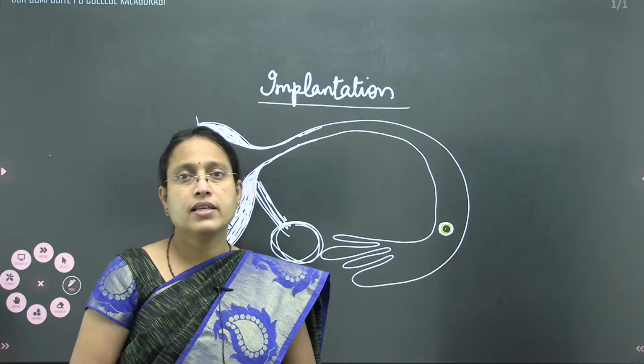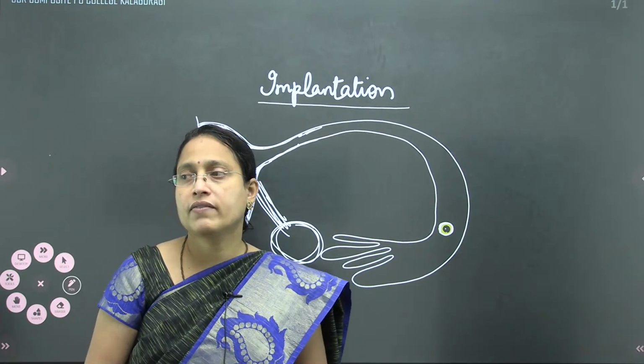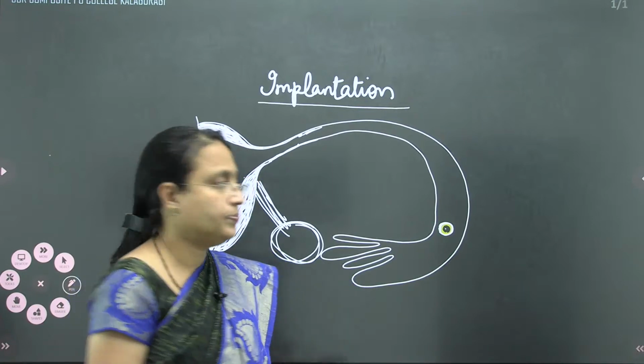How does it divide? By a special kind of mitotic division that occurs in the zygote.